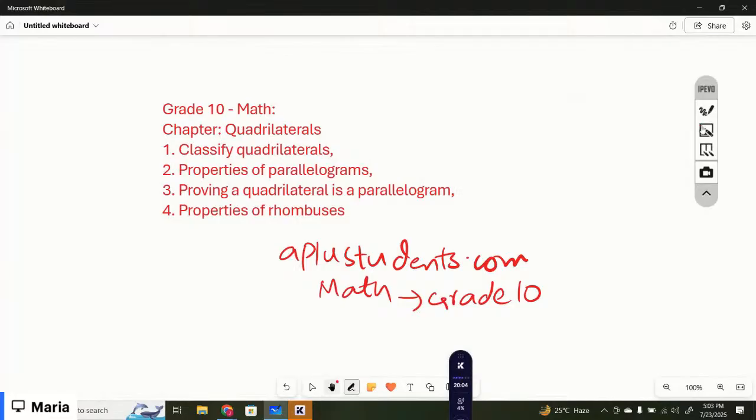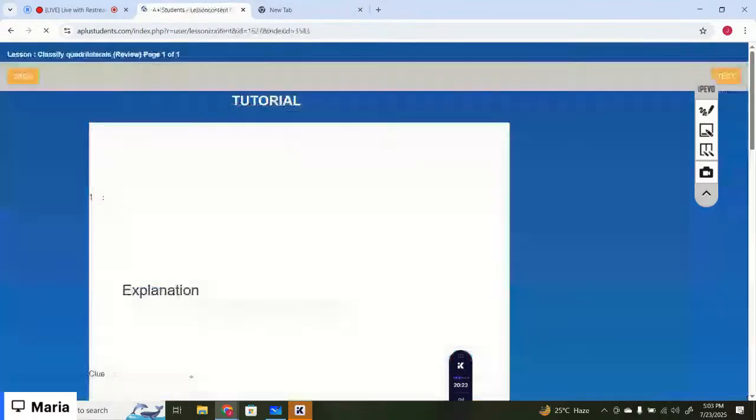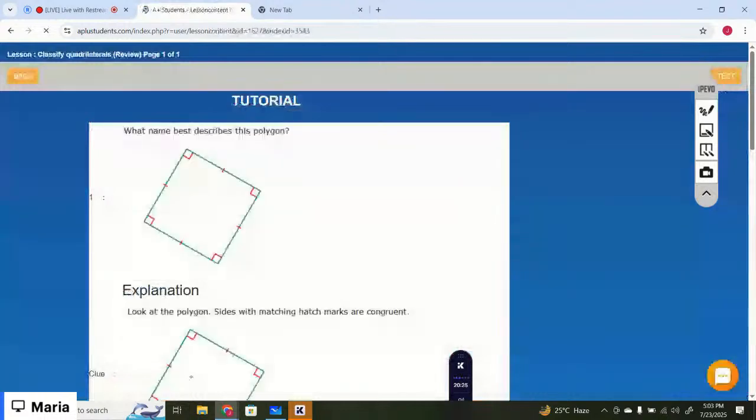So here I'm on grade 10 math. Let's start with the chapter classify quadrilaterals, and the lesson.